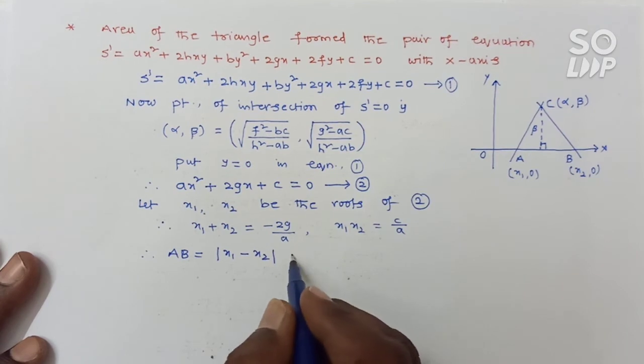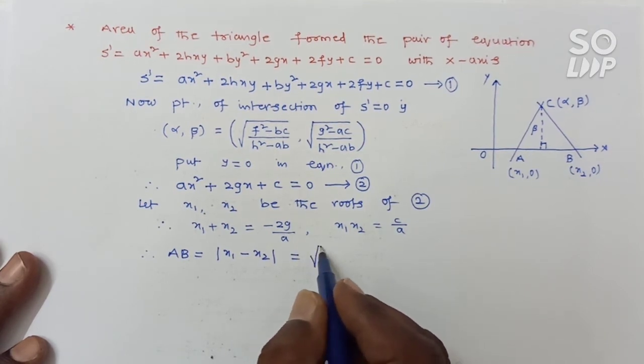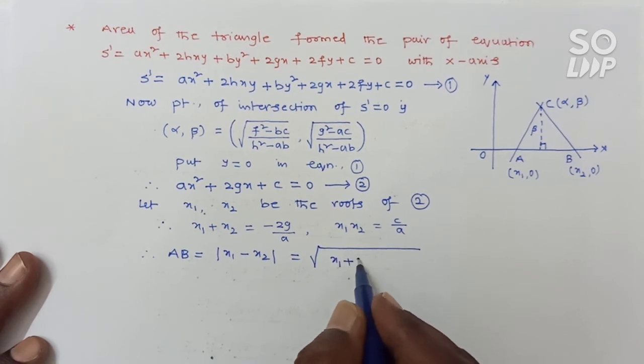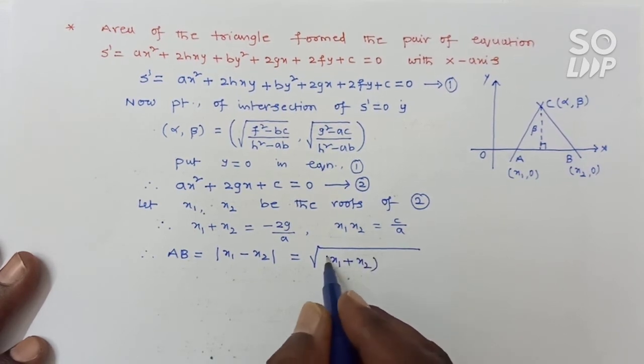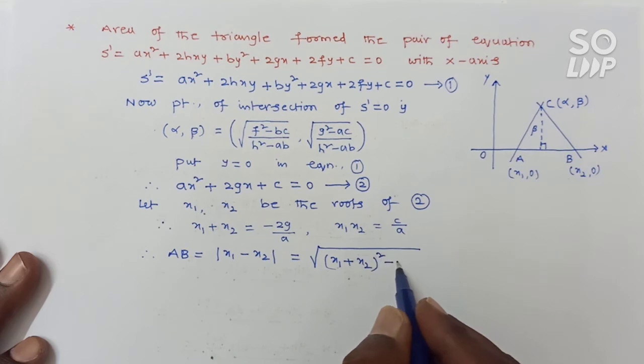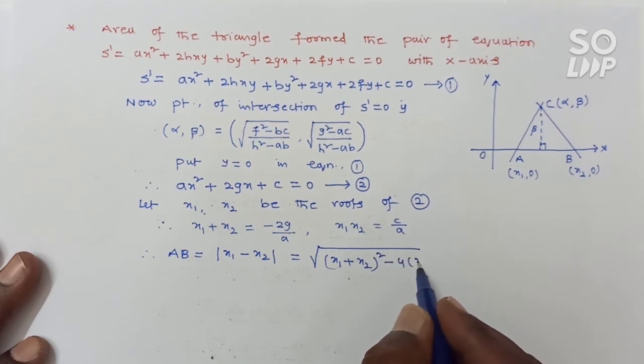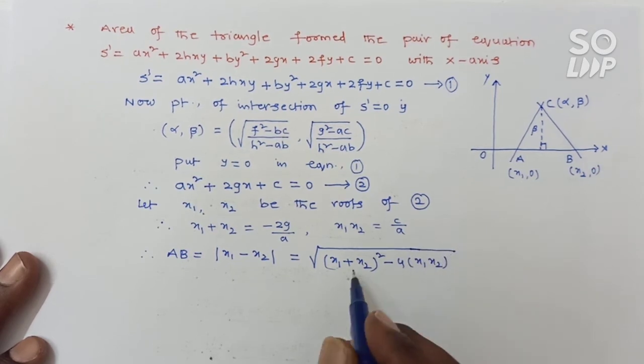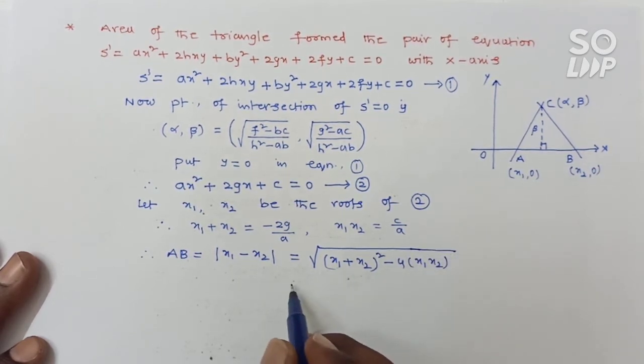You know this value will be equals to square root of x1 plus x2 whole square minus 4 into x1 into x2. Here you substitute x1 plus x2 and x1 into x2.